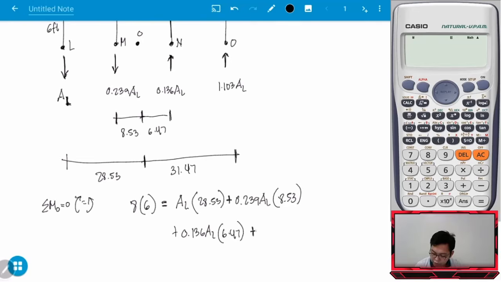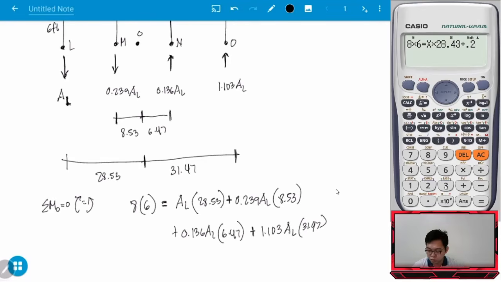And then plus, we have 1.103 AL with a moment arm na 31.47. Okay? So, same pa din guys. Pwede natin gamitin yung calculator natin to solve for AL. So, 8 times 6 equal to AL times 28.43. Okay?